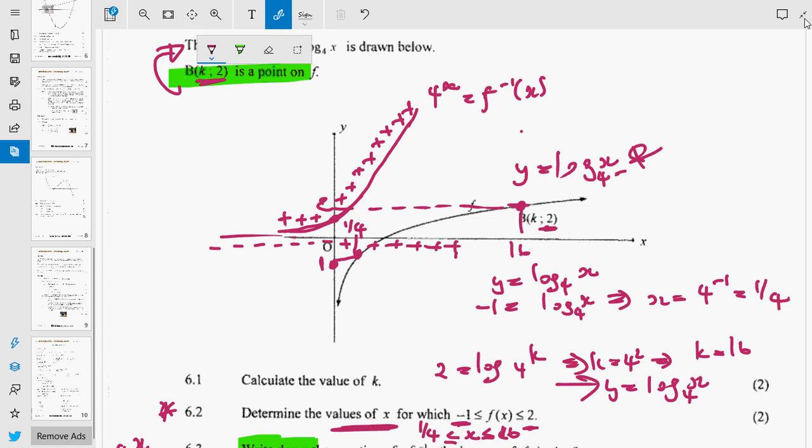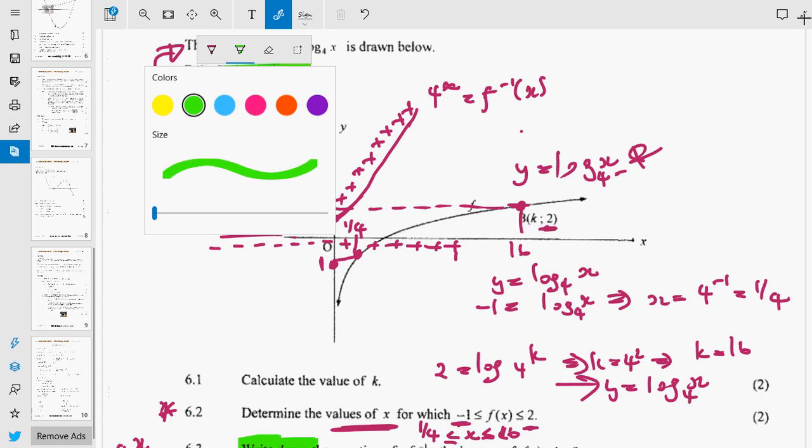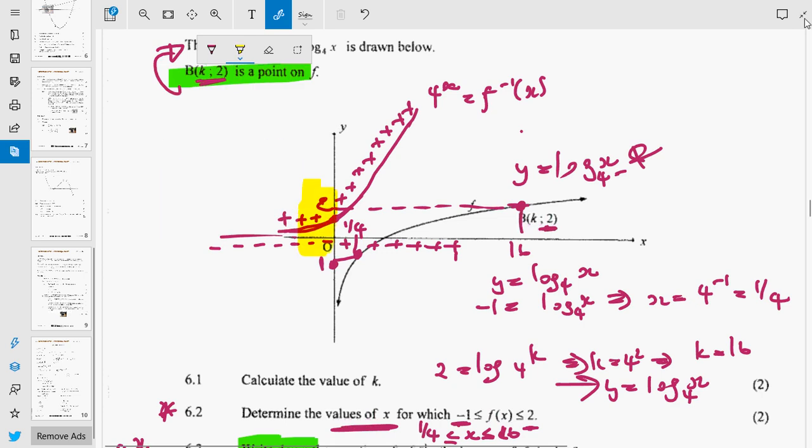So I want the portion where the x's are negative and the graph is positive, and you can see that this starts here and goes down forever. So from 0 going down, I will have a positive graph and negative x values. But from 0 upward, both of them will be positive, and I don't want that.